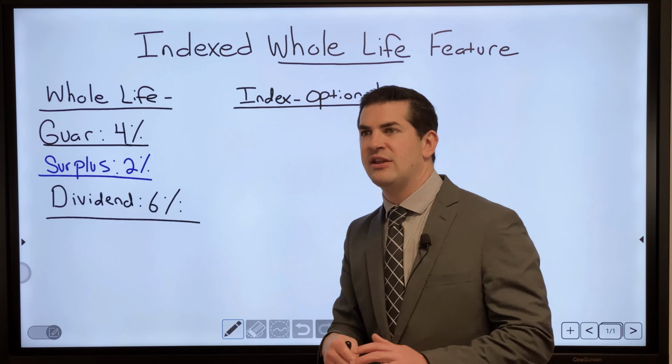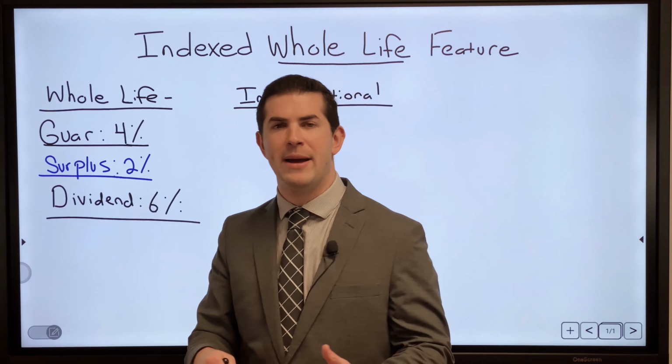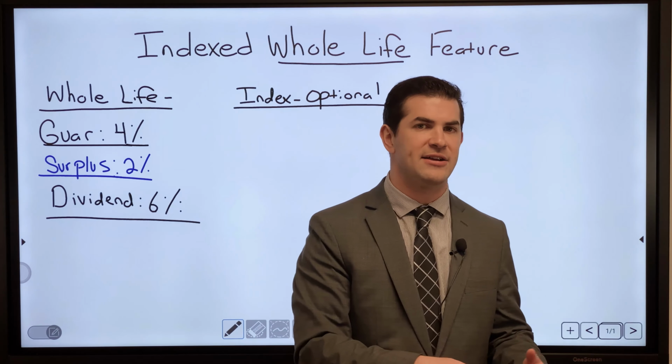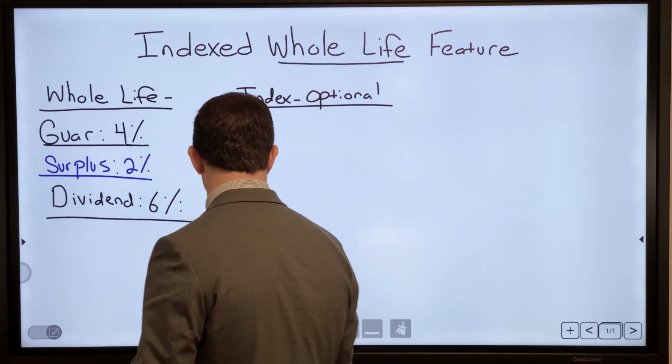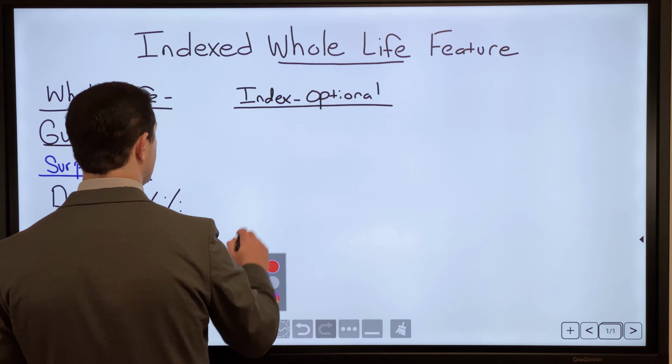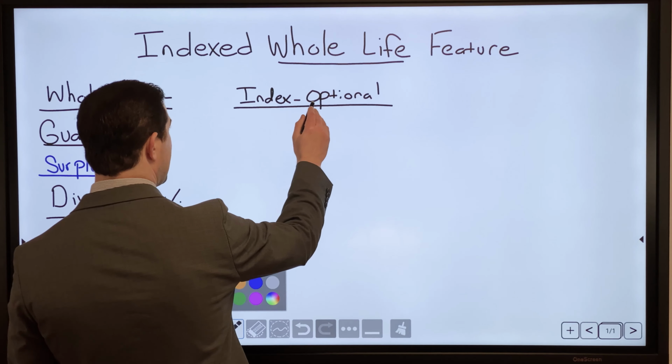It's optional in the sense that I can adjust it over time. I can go back and forth between receiving the dividend or the surplus and the indexing feature, but we'll get more into that. Here's how it works. It's optional. Another way to put it is really, it's a rider.